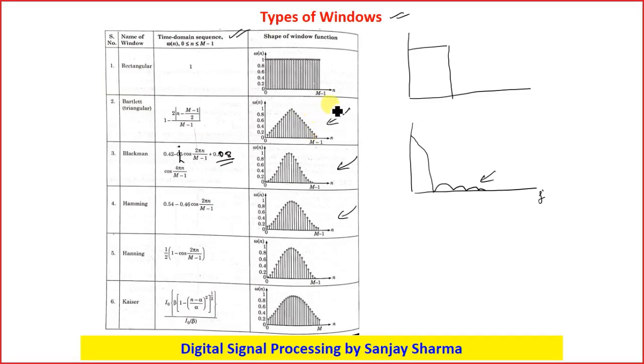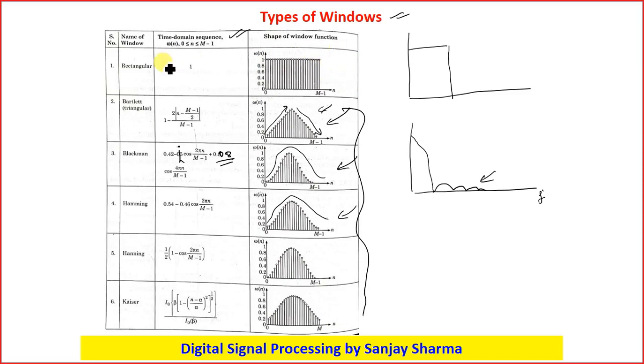However, in these other windows, there is a gradual increase in the values and then a gradual decrease. This is common in all of them, though the shape varies. Over here, it remains constant and suddenly stops.